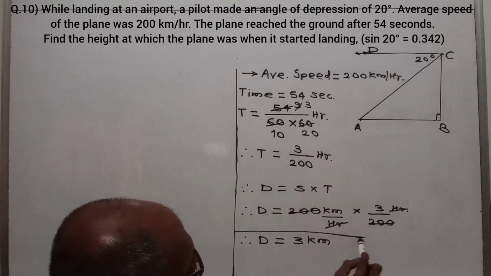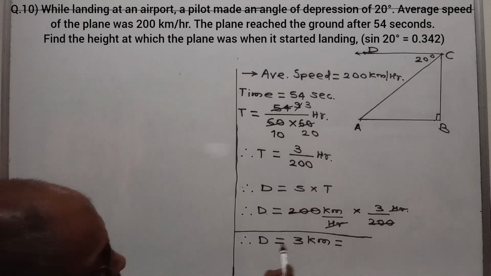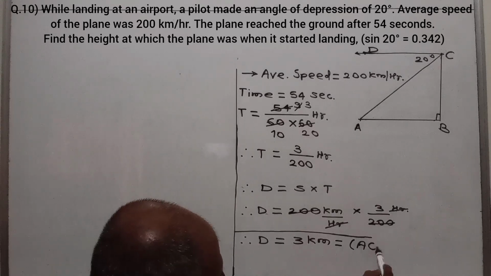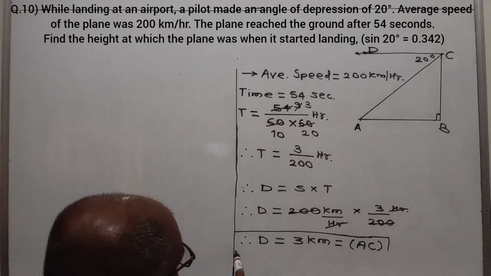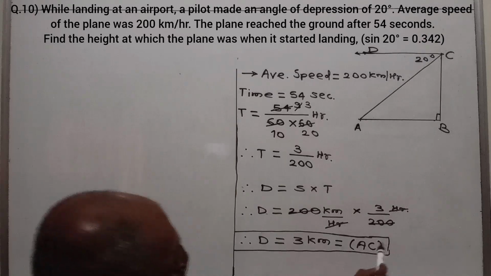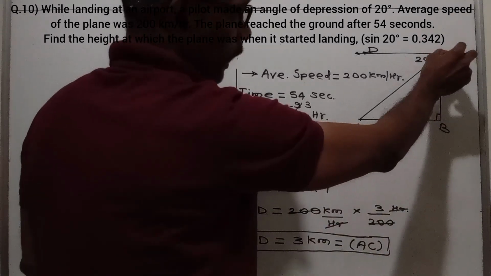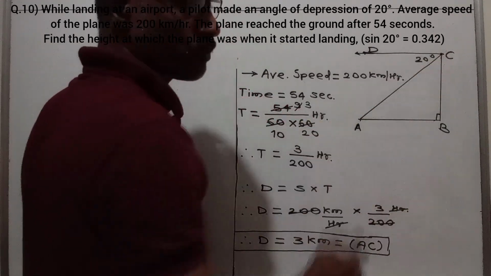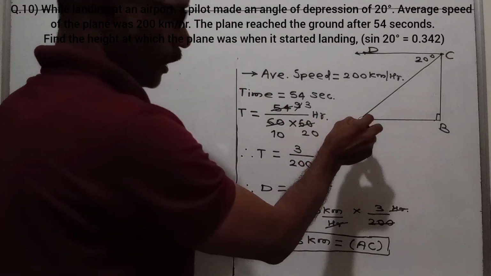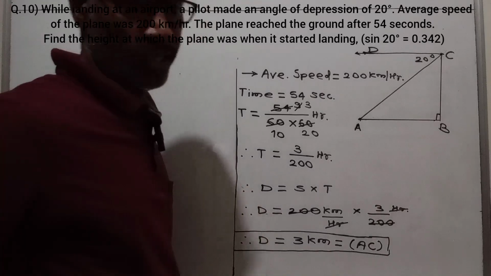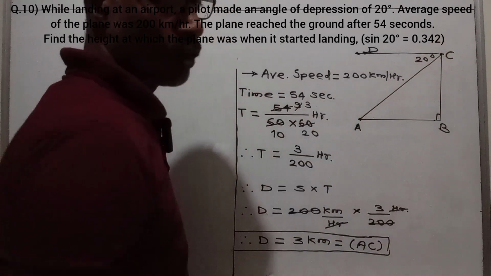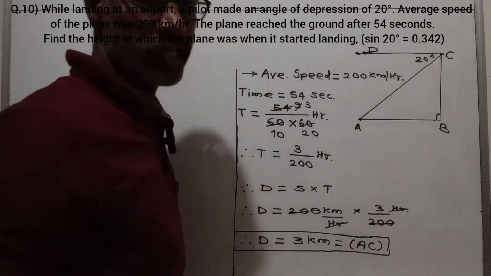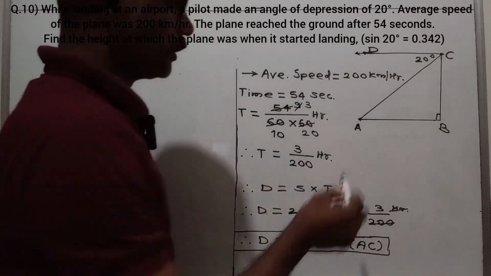This distance D, 3 kilometer, is nothing but AC, because that plane starts to land from this point C and lands at A. So this distance covered is AC or CA. Did you get it?